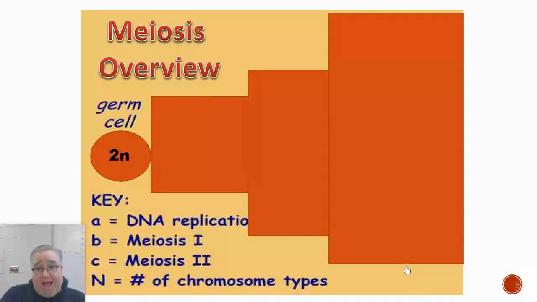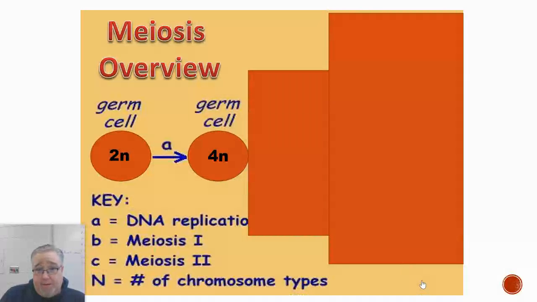So the first thing that has to happen during meiosis is this. Take a look at this picture here. We went from a diploid cell, 2N, 46 chromosomes, to a cell that now has 4 times the haploid number.